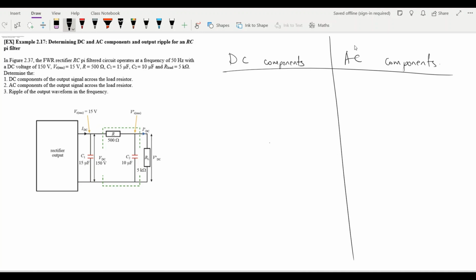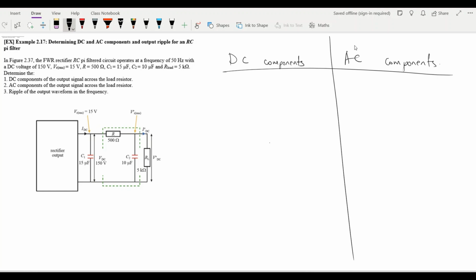Now, because this is a full wave rectifier, we need to be careful in terms of choosing the correct equation that we use. Right. Let us look at this. What are the DC components on this type of circuit?